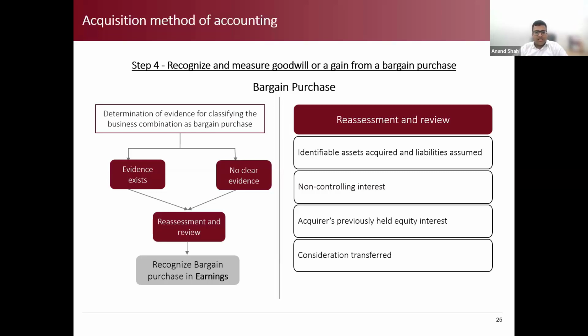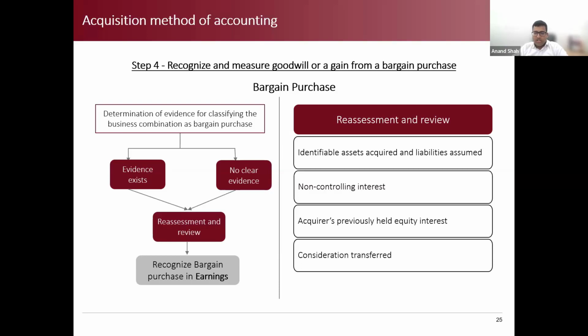Now, when I say reassess and review, or relook at whether you missed something, what you need to look at is, one, make sure you correctly identified all the assets that I've acquired. We've not considered some asset which ideally did not form a part of the acquisition, or you ensure that all the liabilities that have been assumed have been taken care of. You've not missed certain liabilities.